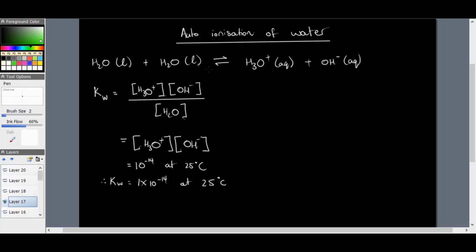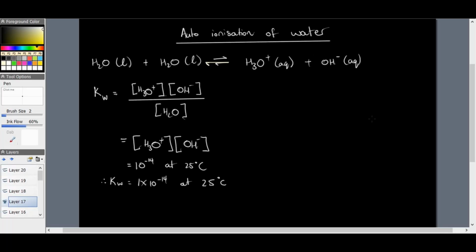So the bottom arrow mustn't be the same length, because equilibrium leans more towards the left-hand side, as the degree to which water ionizes in its pure form is quite small. So it leans more towards the left and not to the ion side of the equation.